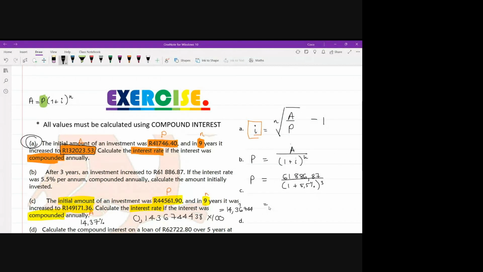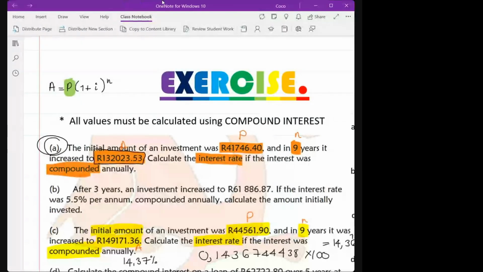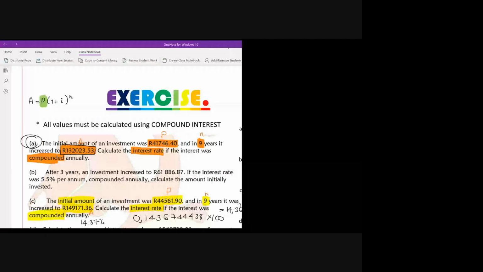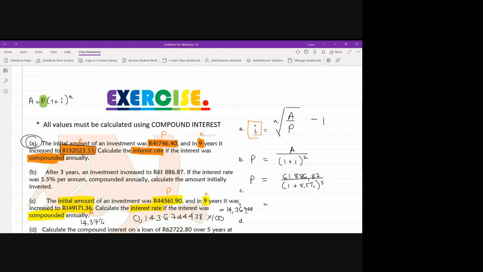All right, let's see what we get here as an answer. 52,703. Well done. There we go. 52,703 and 70 cents. Well done, Kanya. That's 100% correct.